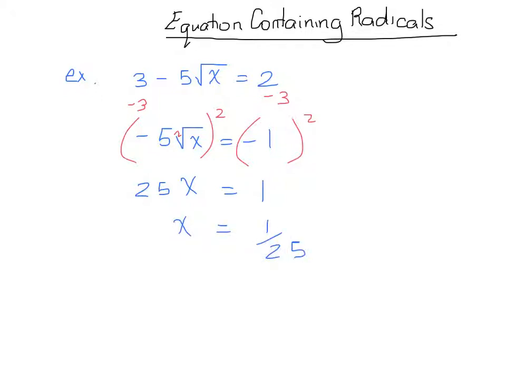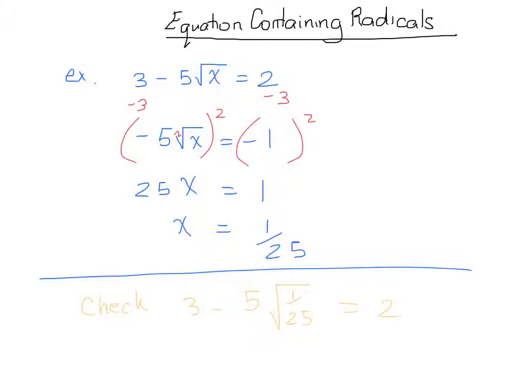And we can just test this out if we're not sure that we're right. So let's do a quick check. If we have 3 minus 5 over the square root of 1 over 25, do we actually get 2?